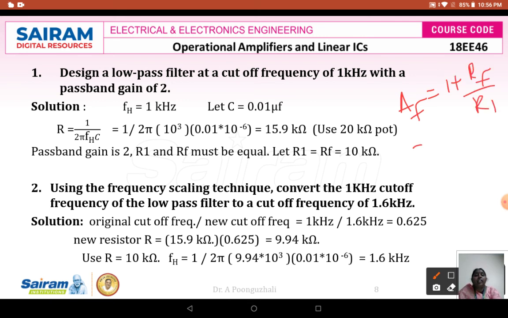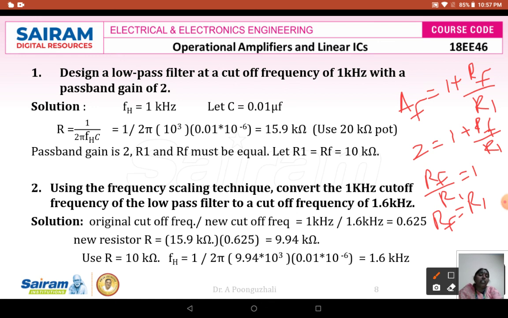So RF by R1 is equal to 1, which means RF is equal to R1. That means my R1 and RF values should be the same. So either I can choose RF and R1 to be 1K or 10K. Here we have chosen the value of R1 and RF to be 10K. That is how we have to design the filter.